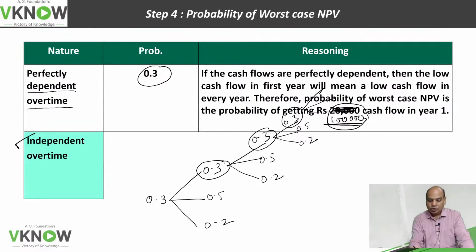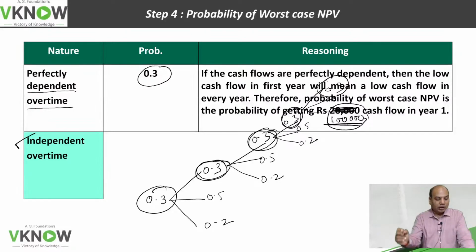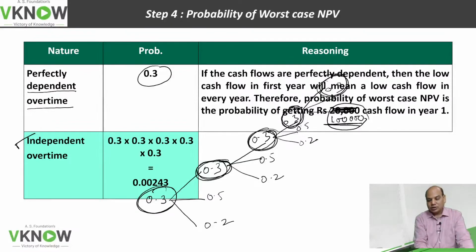So 0.3 into 0.3 into 0.3 into 0.3 into 0.3. That is the probability you will get 1 lakh in all the 5 years, and these are independent. So I have to apply joint probability, and multiply 0.3 five times. Write down the answer please.